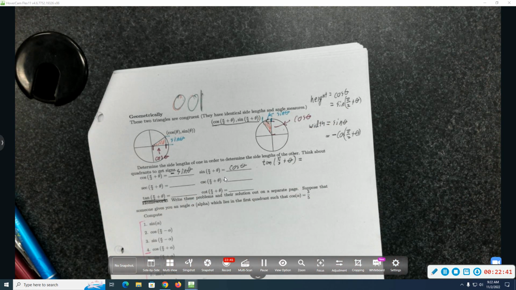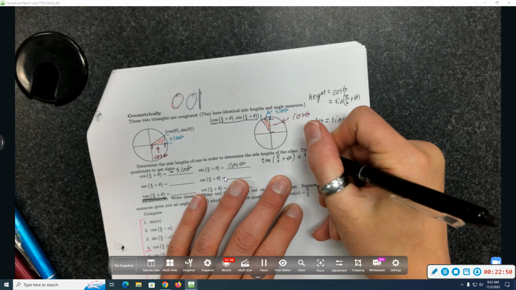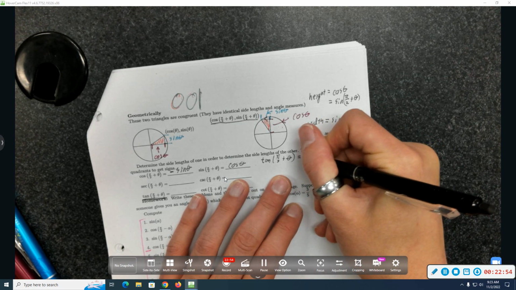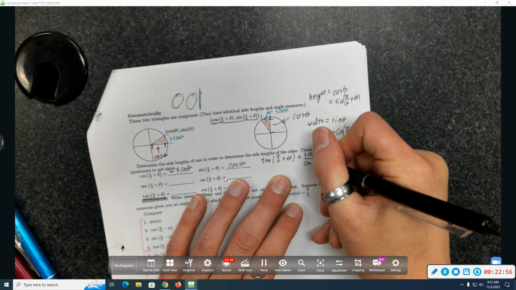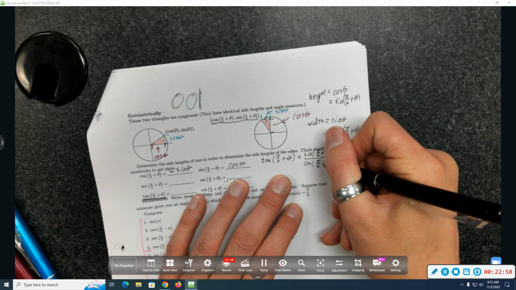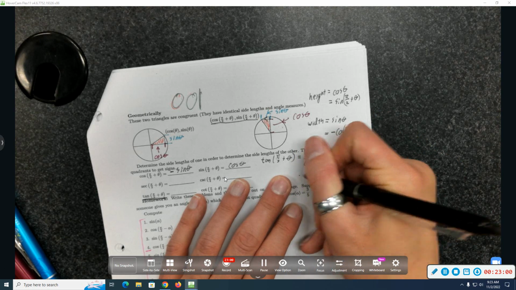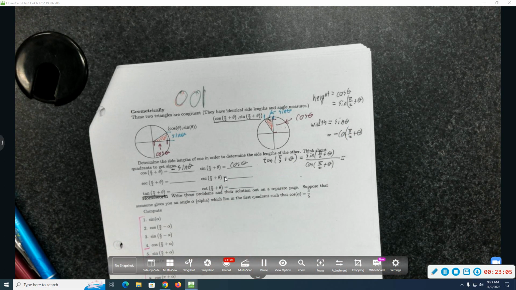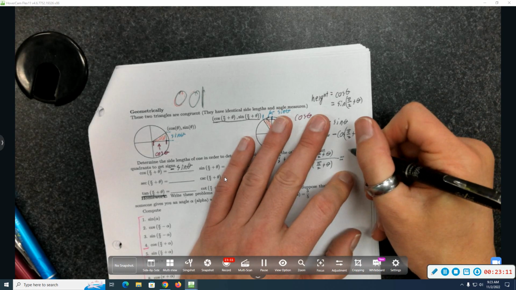What is tangent in terms of sine and cosine? Sine over cosine. So I'll take sine over cosine at that angle. That is equal to the sine of pi over 2 plus theta divided by cosine pi over 2 plus theta. Oh, cool. Now I'm in the situation to use the first line. What's the sine of pi over 2 plus theta equal to? Just cosine theta? How about the denominator?